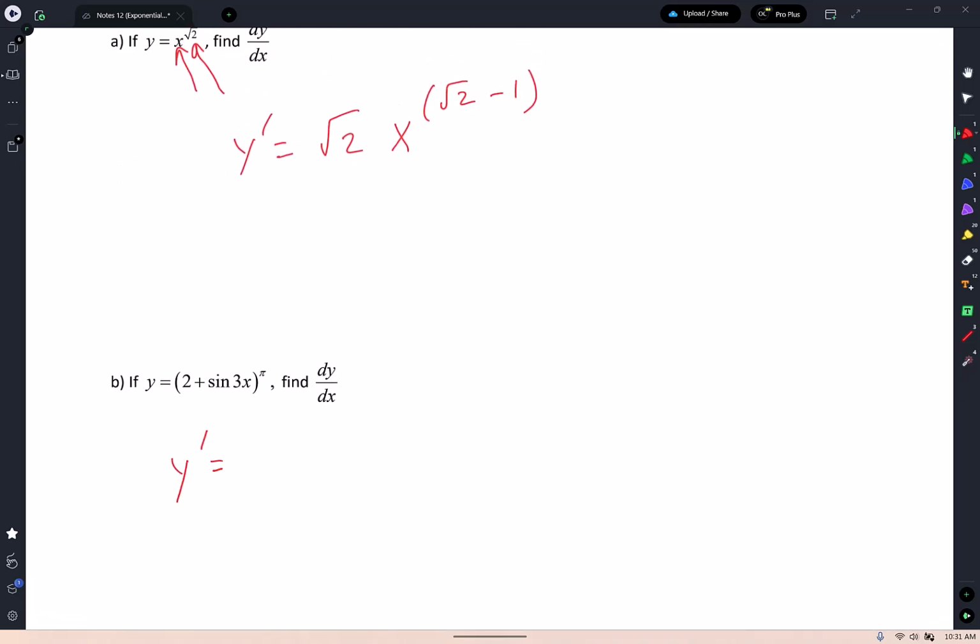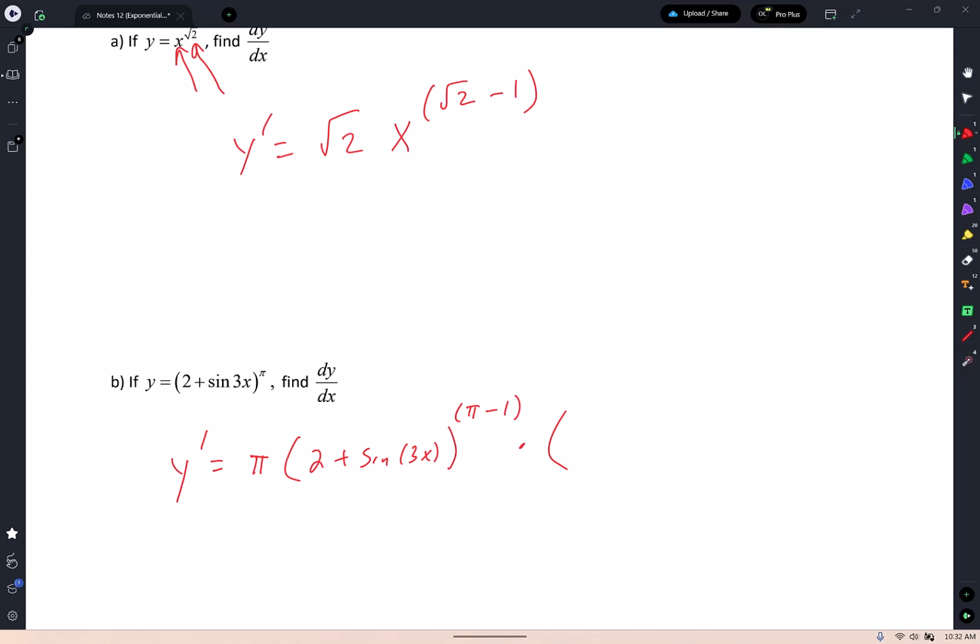y prime equals, what did I do first? Chain rule. What did I do first? Move the pi down, pi. Leave the inside alone. 2 plus sine 3x, close, to the power pi minus 1. Am I done? No. What do I do next? The derivative of sine.